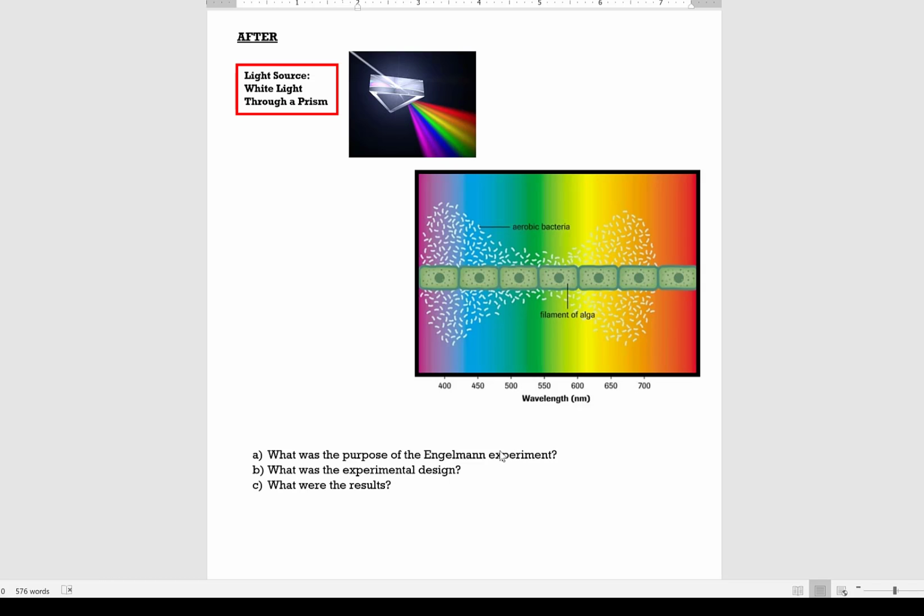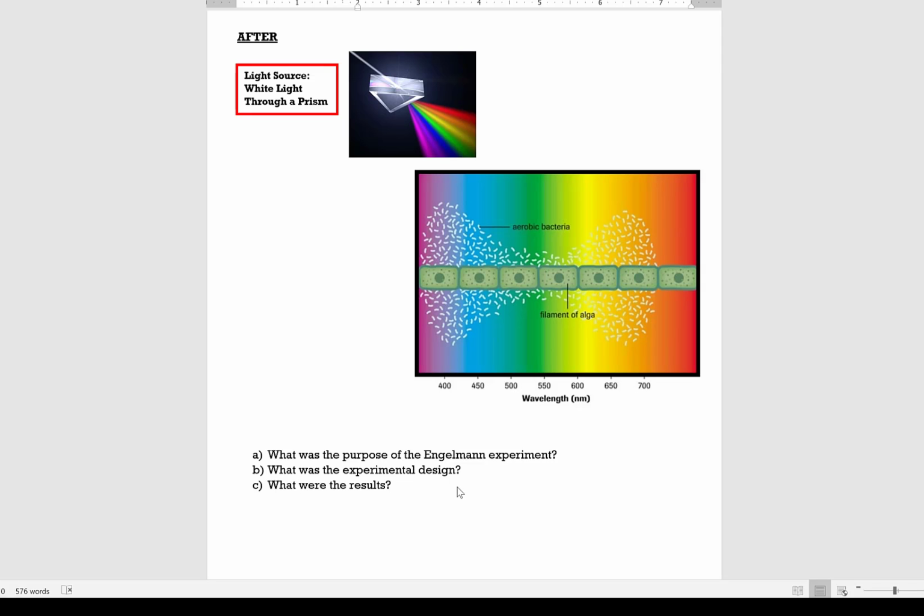The purpose was to determine if photosynthetic organisms were absorbing multiple wavelengths of photons of light or were they only absorbing a few? Were they absorbing all? So basically, which photons are being absorbed during photosynthesis?